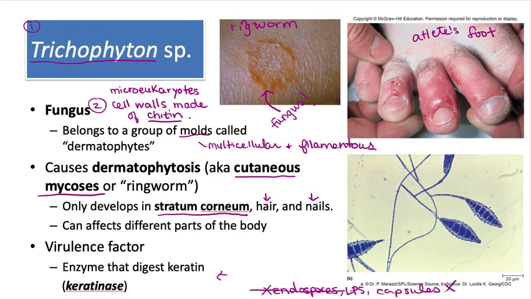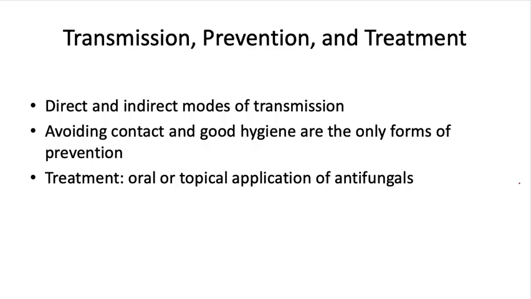Only bacteria potentially will have one or more of these. And transmission is only through indirect modes, maybe being exposed to some of those mold spores. Avoiding contact and good hygiene are the only form of prevention. Washing, drying, keeping your skin clean and also dry.